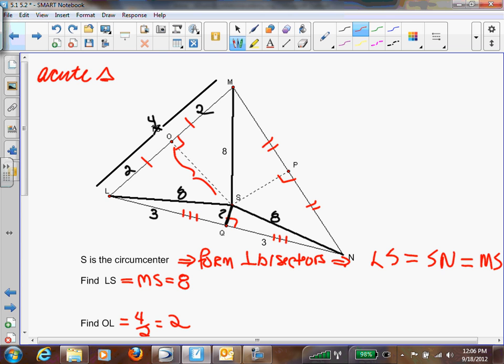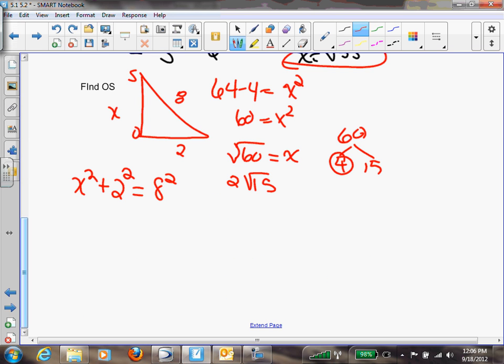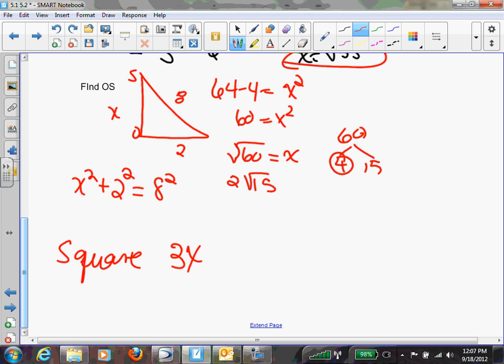All right, one little piece of information. Obviously, it's important. If I'm going to do a little side note here, if I want to square 3x, what do you get when you square 3x? Well, that's why I'm asking.